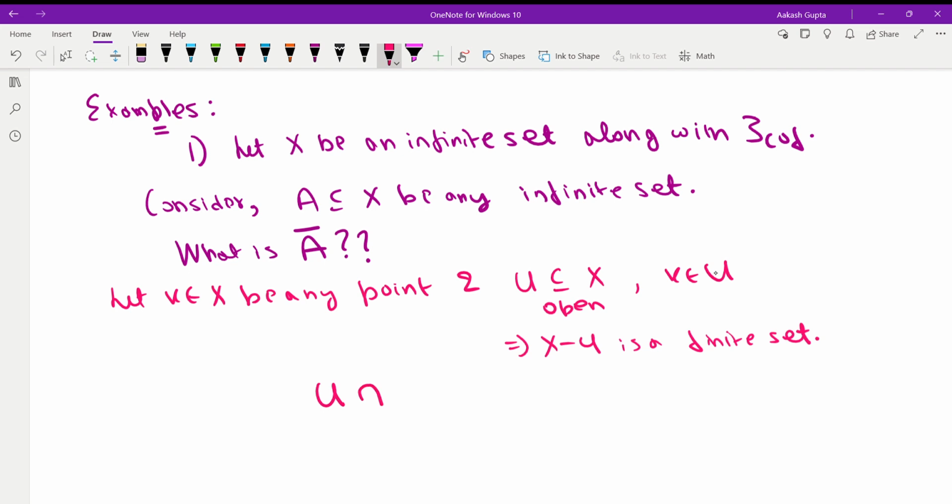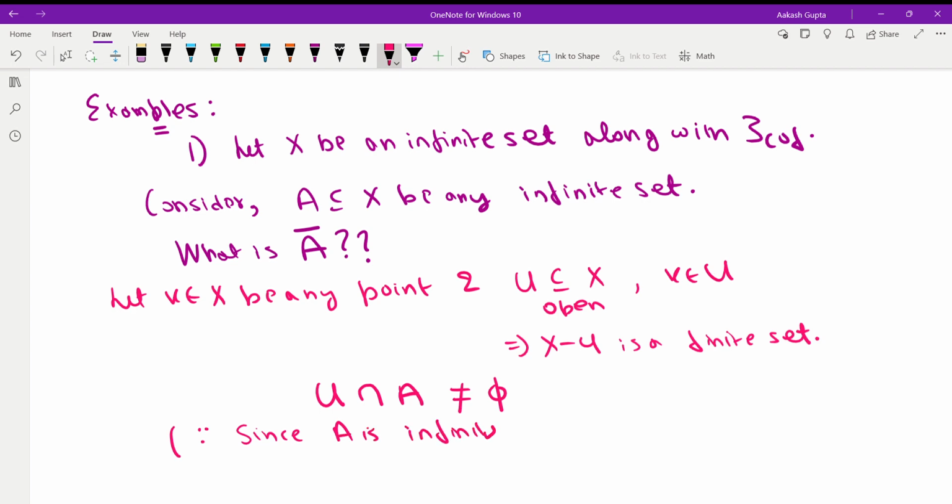So what is this, guys? U intersection A. Can it be finite? Note that A is an infinite set, and U is also an infinite set whose complement is finite. So this is non-empty. Why?